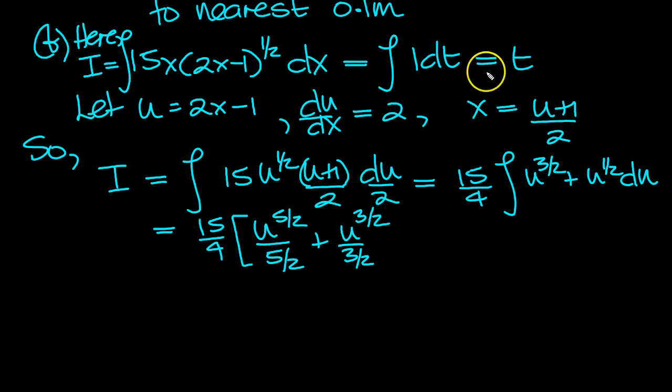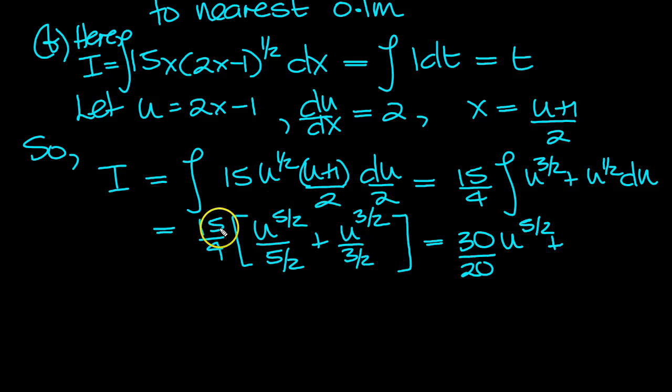Okay, we'll put our plus k in at the end, so I'm just doing the integration now, which is equal to, the 2 comes up to be with the 15, to make 30, so I'm going to write it as a full fraction, 30 over 20, 4 5s are 20, u to the 5 over 2 plus, and then the 2 comes up, 30 over 3 4s are 12, u to the 3 over 2, plus a constant of integration, which we'll worry about in due course.